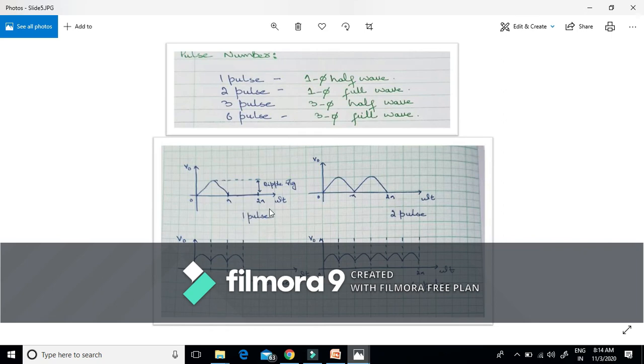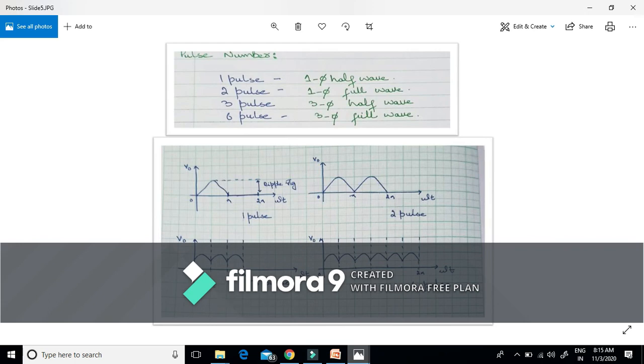For one pulse, we mean that for a full cycle we are getting only one pulse. That is in case of single phase half wave rectifiers, where we obtain a waveform of this form. While in case of two pulse, we obtain two pulses for a full cycle, and this waveform is obtained in the single phase full wave rectifier.